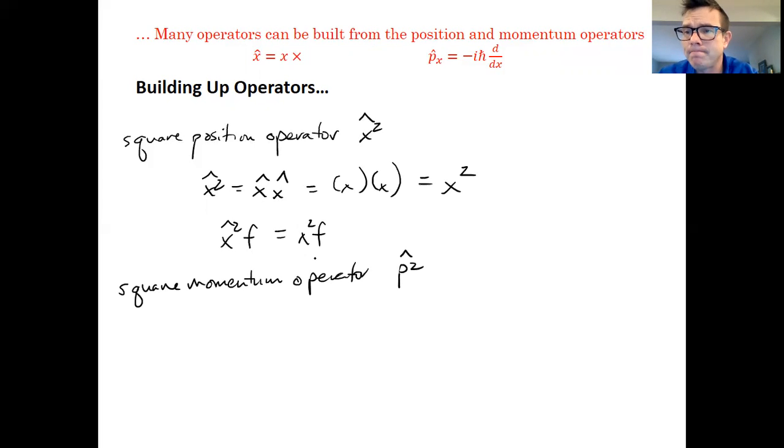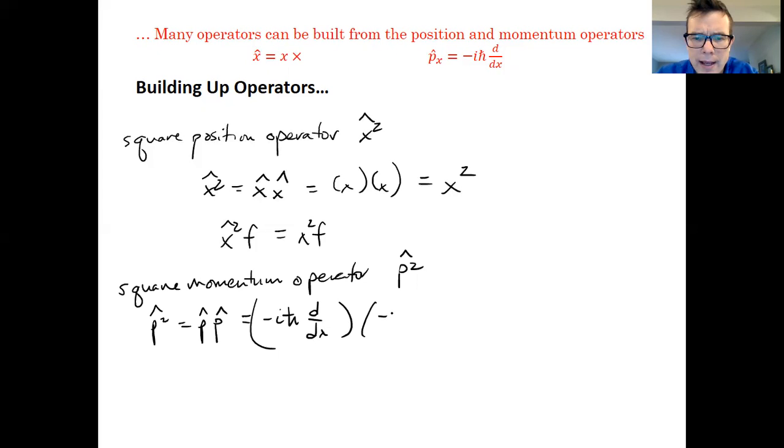P squared hat. Just like before, in order to get P squared hat, you would operate with P twice. This is negative i h bar d dx times negative i h bar d dx.